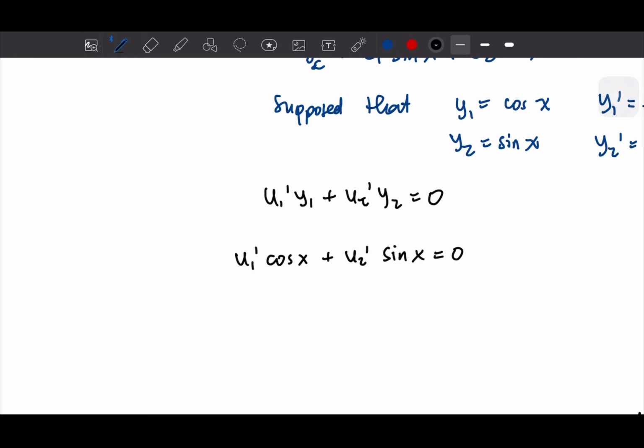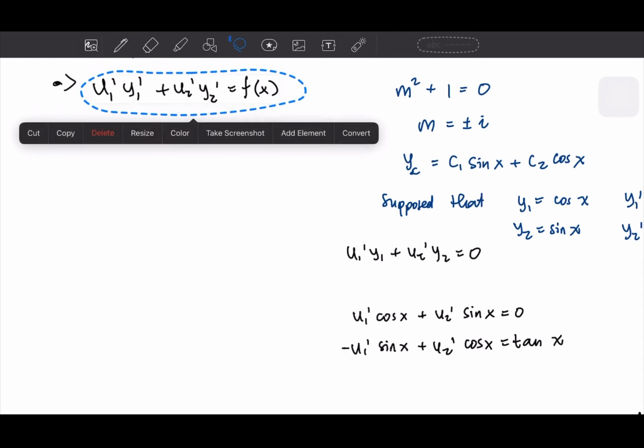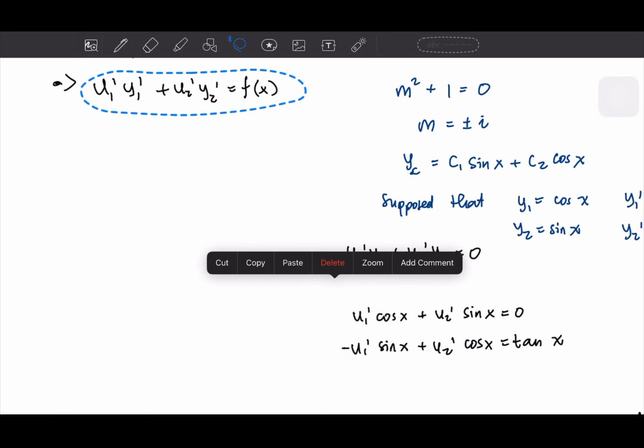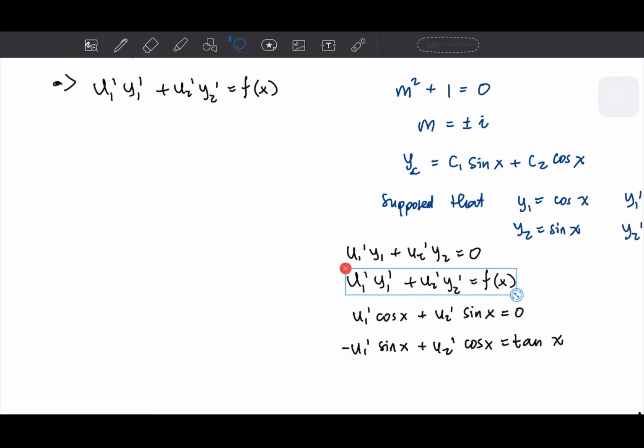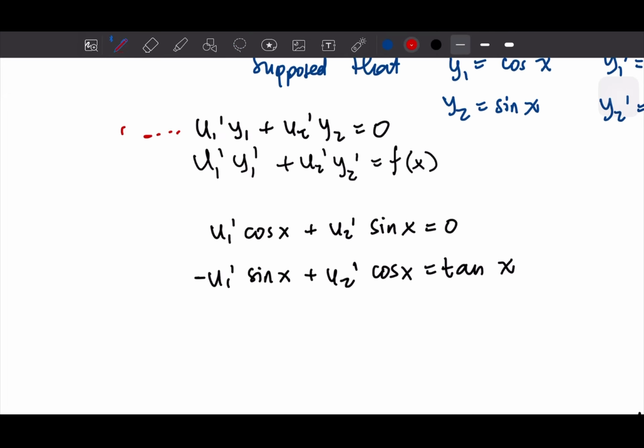And then for the y prime equation, negative u1 prime sine x plus u2 prime cosine x equals tangent x. This is the second one here. Let me copy this to make it clear for you. So this is 1, this is 2, this is 1, this is 2.